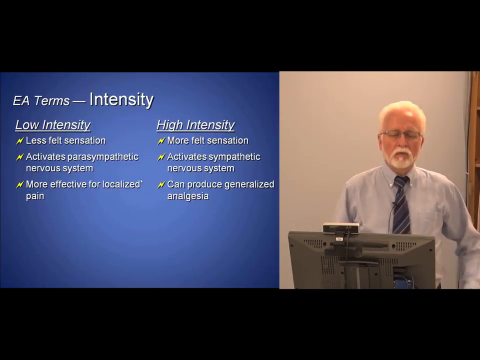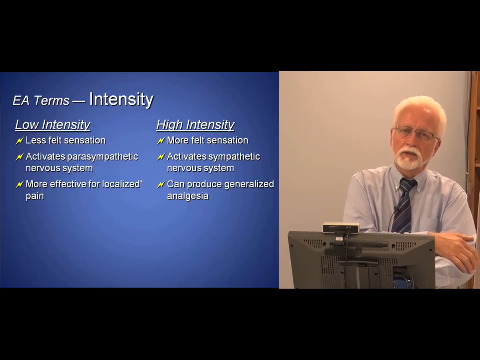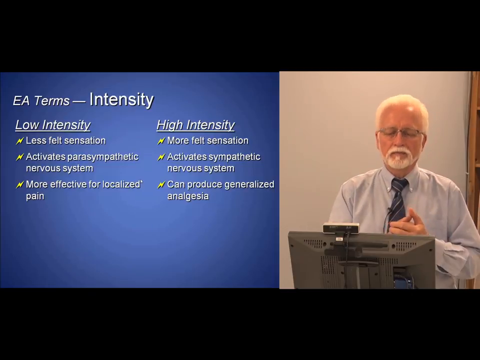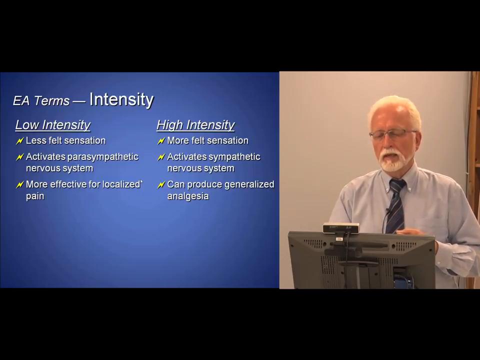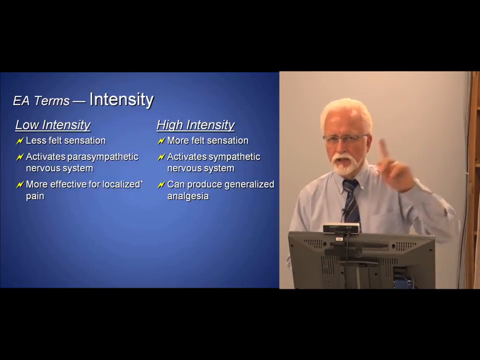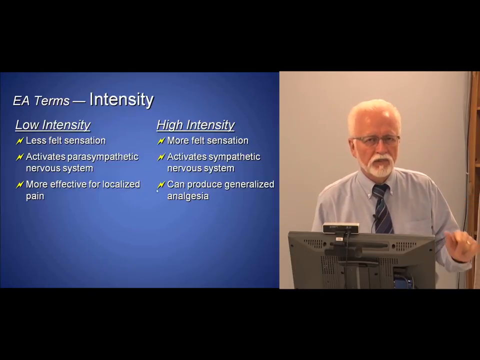Now, here's an irony of this. Low intensity is going to be more effective for localized pain. So they've got a pain in their elbow. You do some low intensity electroacupuncture around the elbow, pain goes down. High intensity produces more generalized analgesia. So in those surgeries in China, believe it or not, they're using a fairly high intensity signal.